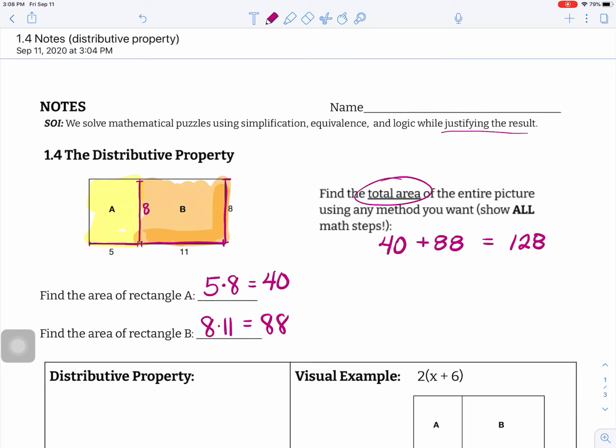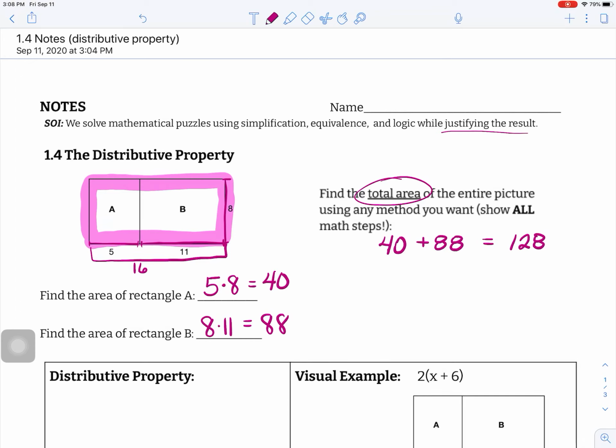Now, I could have, though, not looked at this as two separate rectangles, and instead looked at it as one giant rectangle. And that big rectangle has still a height of 8, but when I think about this side, if it's broken up into 5 and 11, that means that the total side is going to be 16.